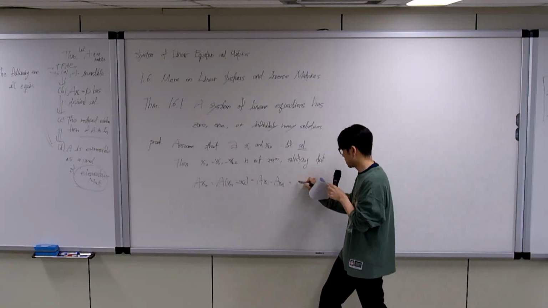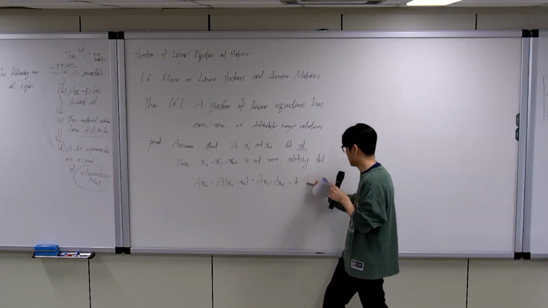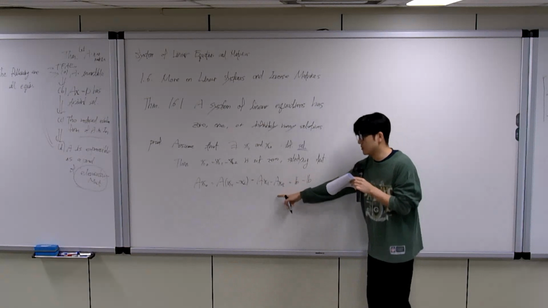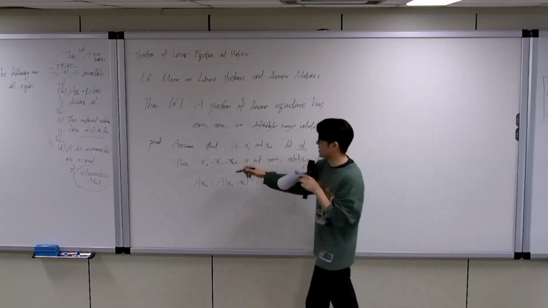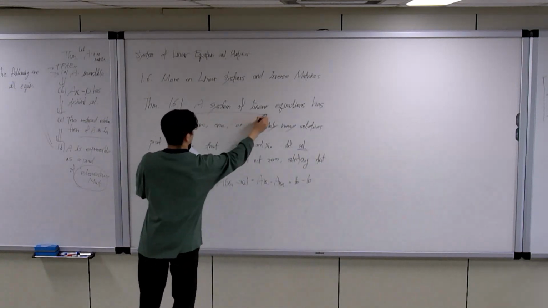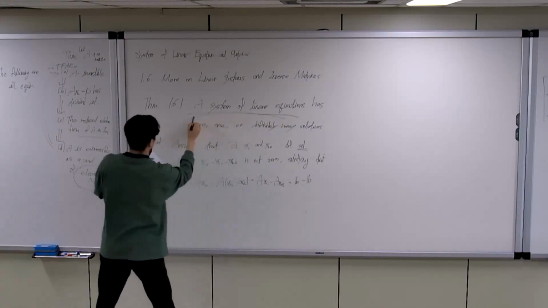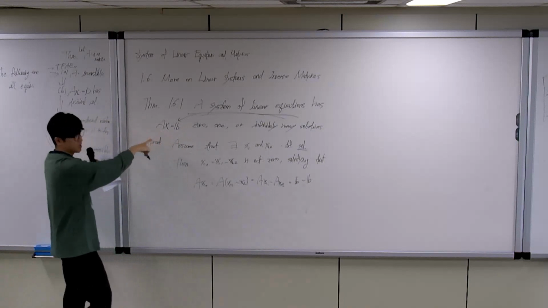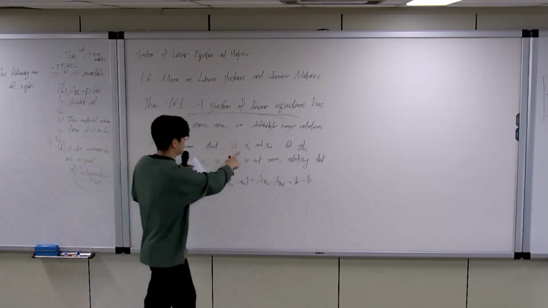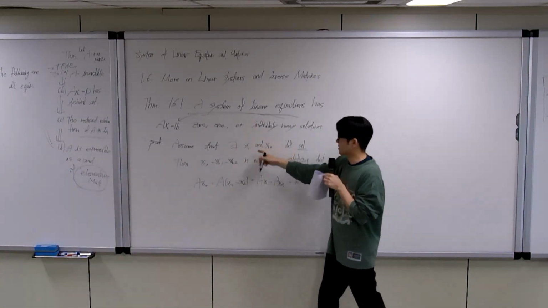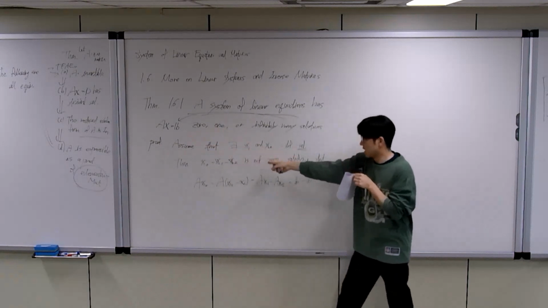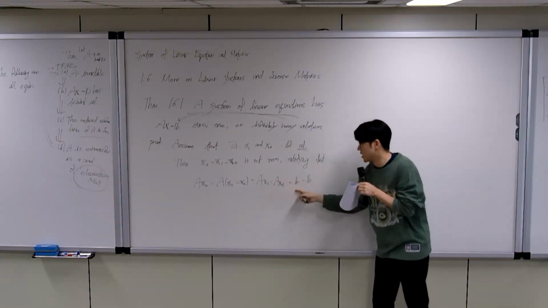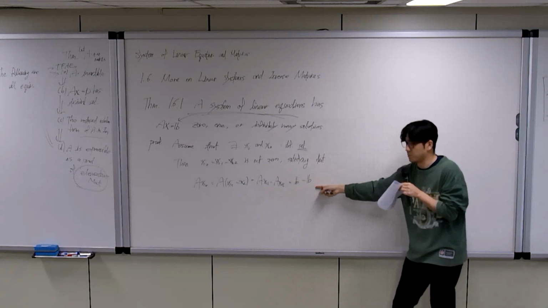So we write the linear system as A x equals b. If we substitute x with x1, it gives b, and x2 also gives b.